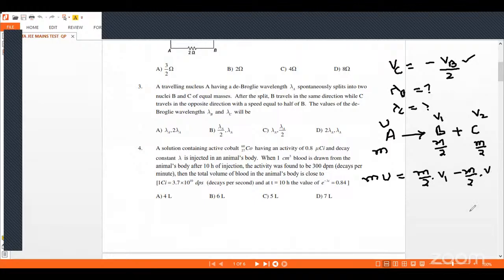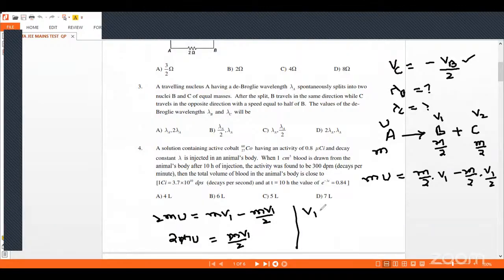Upon cross multiplying, 2Mu equals M V1 minus M V1 by 2. So 2Mu equals M V1 by 2, so V1 equals 4u.